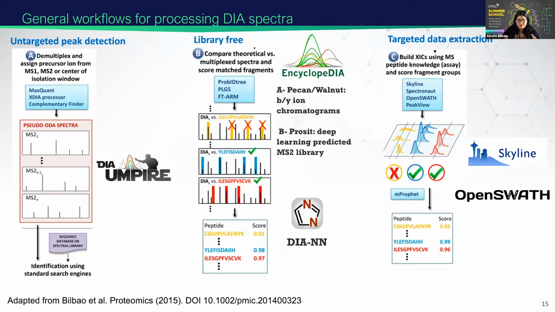It generates decoys from the DIA library. It generates decoy spectra that can be extracted from the DIA data, and can be used to discriminate between targets and decoys and apply a similar false discovery rate analysis. And this is the typical workflow for tools like Skyline and OpenSWATH.